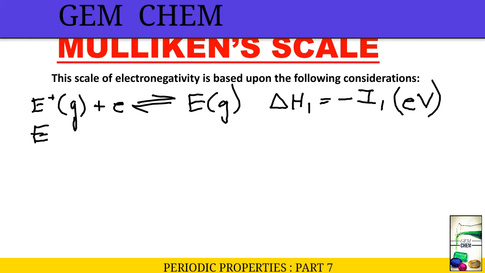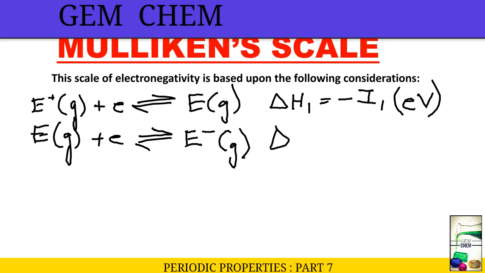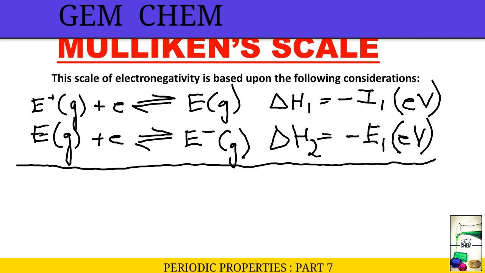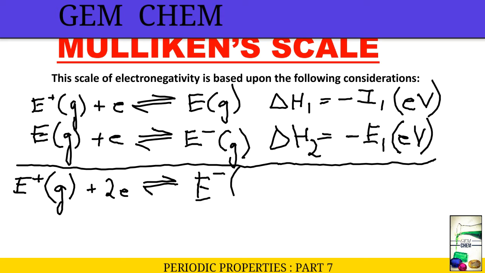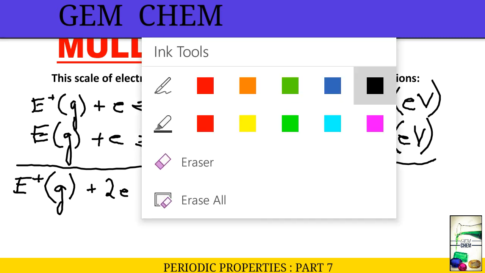Similarly, Eg plus electron, then this is electron affinity, that is taking up an electron. So delta H2 is equal to minus E1. This is also in electron volt. Now if we do the sum of this, we get E plus G plus 2 electron gives E minus G, because this and this cancels out, right?